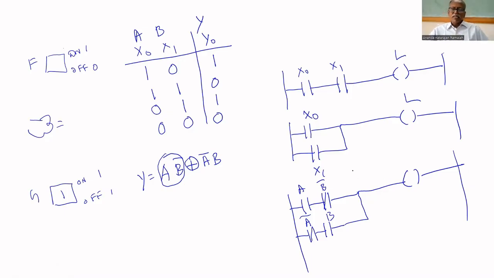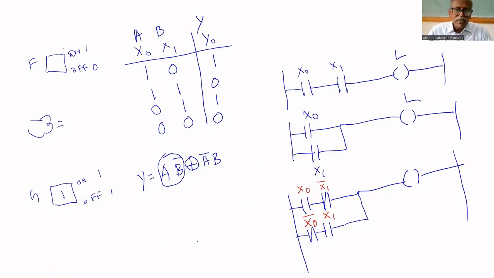Instead of AB, let us put X0 and X1, because in programming we have to use X0, X1, X2, X3. This is X0, this is X1 bar. This is X0 bar, sorry, and this is X1. That's all. Let us check whether it is working or not.